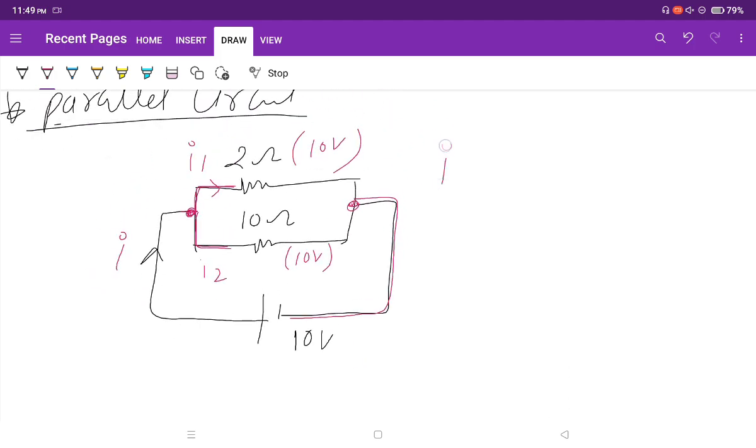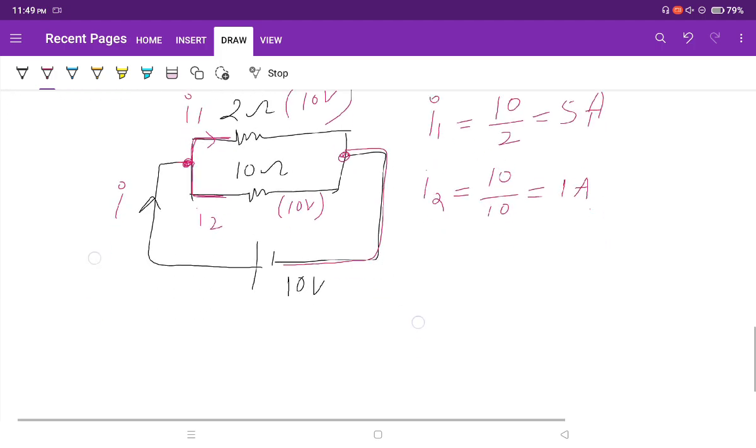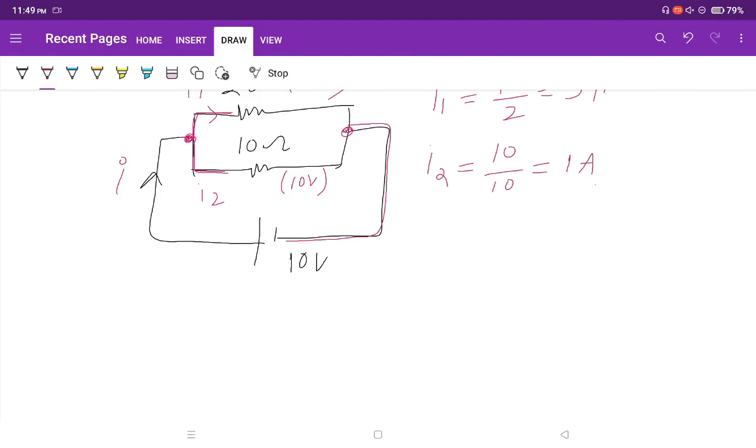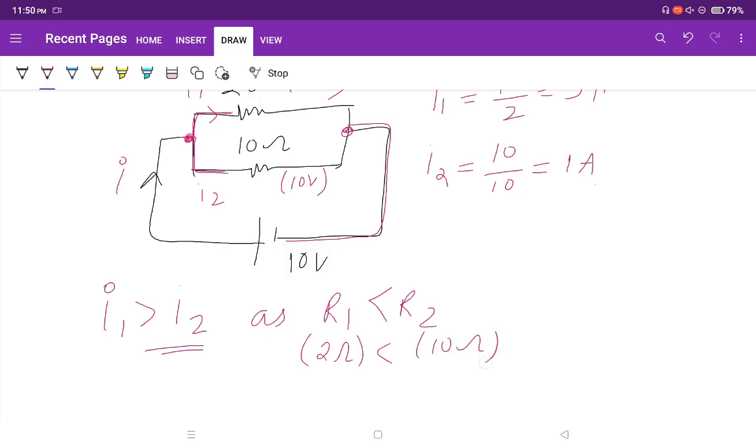I1 will be 10 over 2, that is 5 amperes, and I2 will be 10 over 10, that is 1 ampere. I1 is greater than I2 as R1 was less than R2, that is 2 ohms is less than 10 ohms.